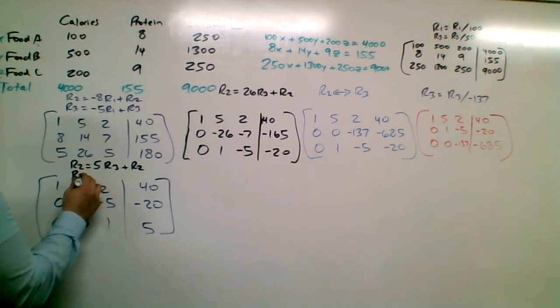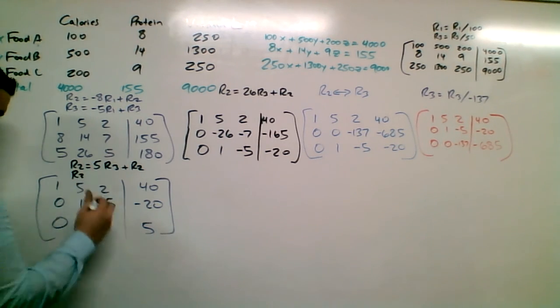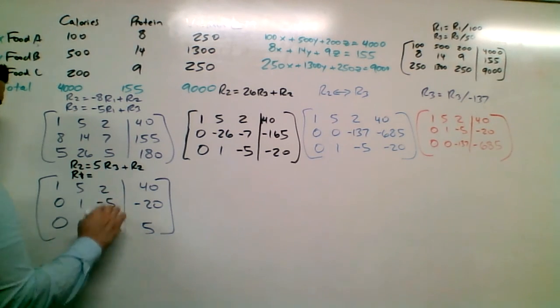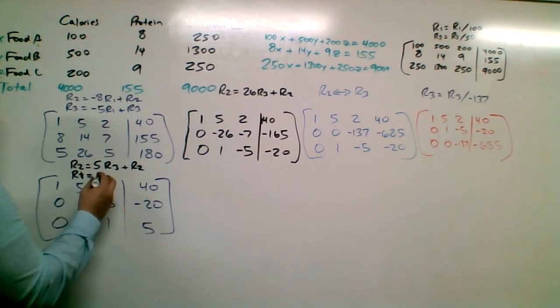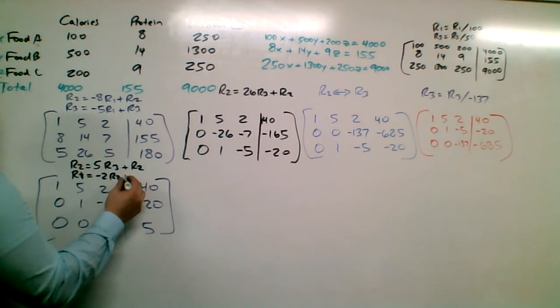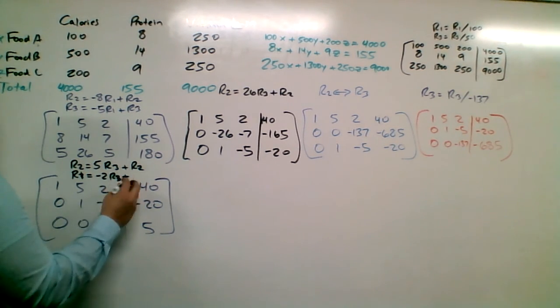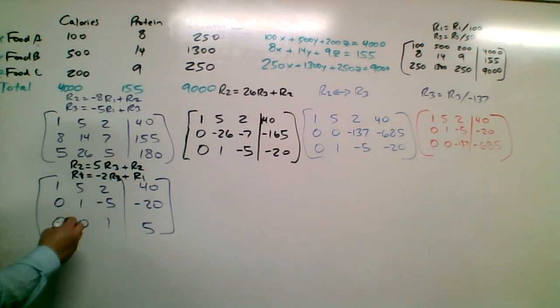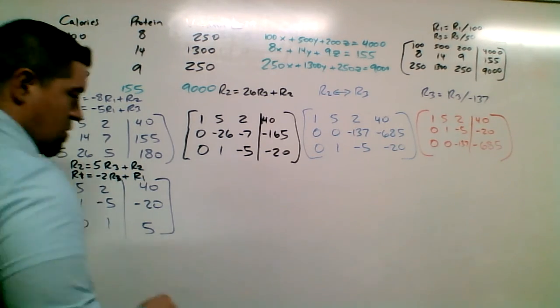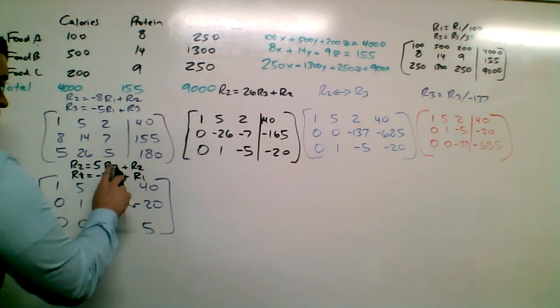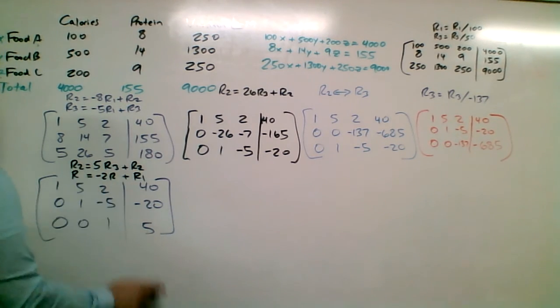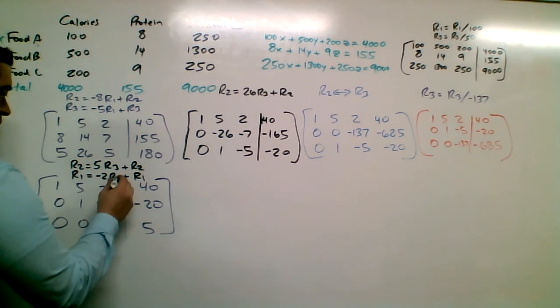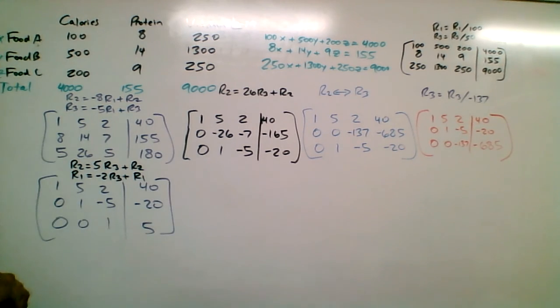And then maybe I should have started with row 1, but okay, row 1 is going to be negative 2 times row 3 plus row 1. Negative 2 times 1 is negative 2, plus 2 is going to give me the 0 that I'm looking for. So that's the row operation that I'm doing there. That's a 1, and that's a 3. Okay, so we'll carry that out.